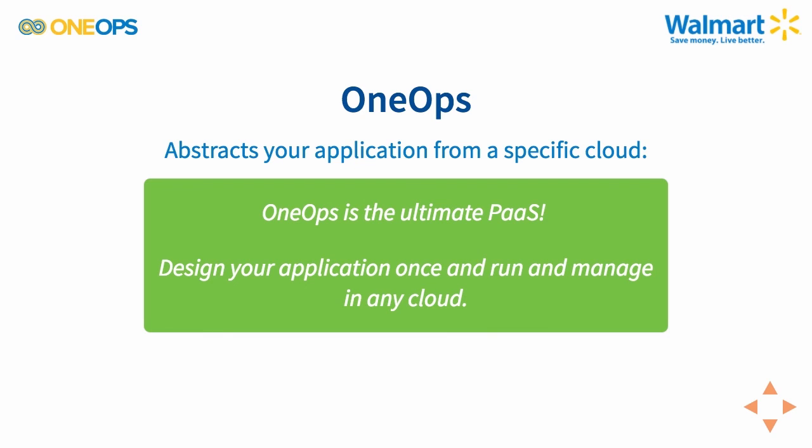However, OneOps comes to the rescue because OneOps abstracts your application from a specific cloud. So it is, in a sense, the ultimate platform as a service where it doesn't really matter anymore what cloud your application ends up running in. You design your application once and run and manage it in any cloud because OneOps can abstract the notion of the specific APIs and so on of a cloud.